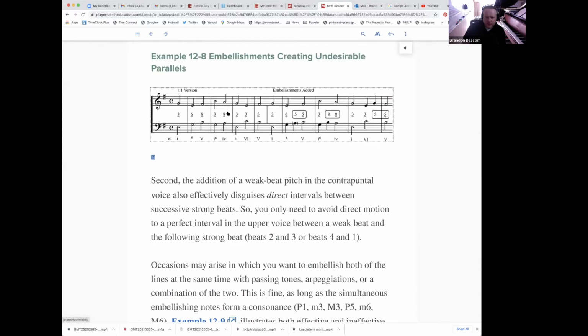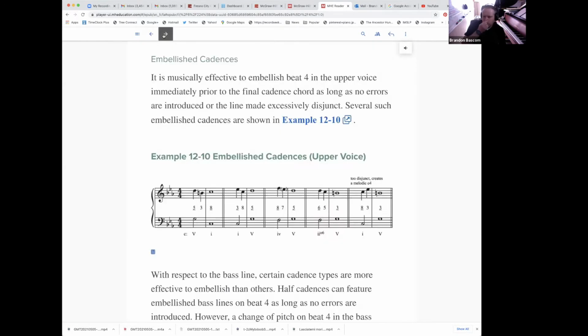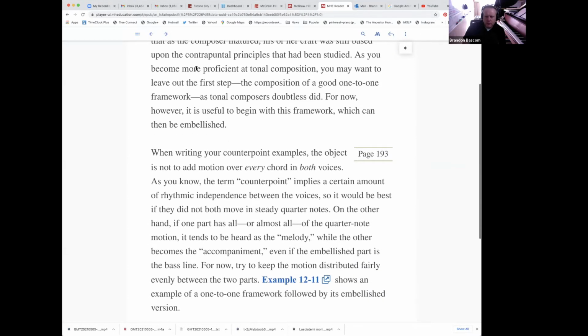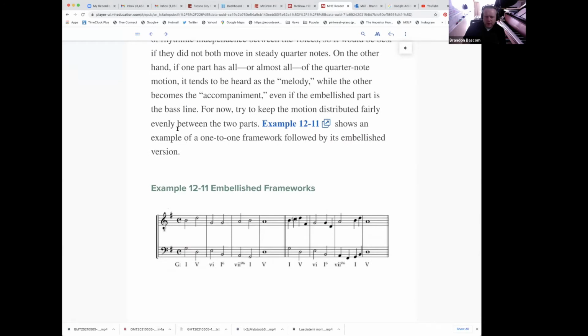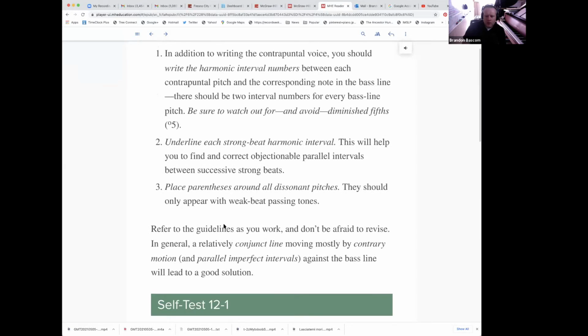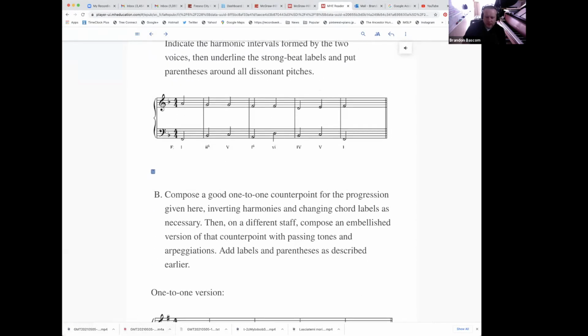Oh, that was horrible. Embellishing versus composing. So you could fill in the blanks if you had to, with passing tones, right? Good spots are where there's a third apart, yeah? Just fill it in.